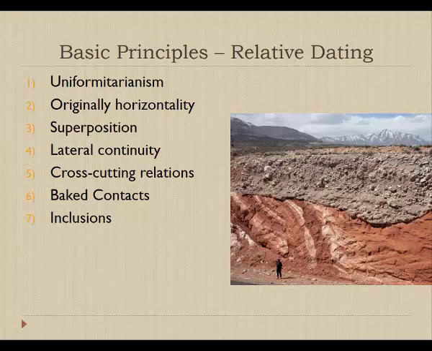And so geologists use these principles to help them reconstruct the history of landscapes and try to understand not necessarily the absolute age of each layer. So, for instance, we couldn't tell in this photograph here that the red layer below was 200 or 300 million years old, but we can tell that relatively it was probably existing before the layer on top.